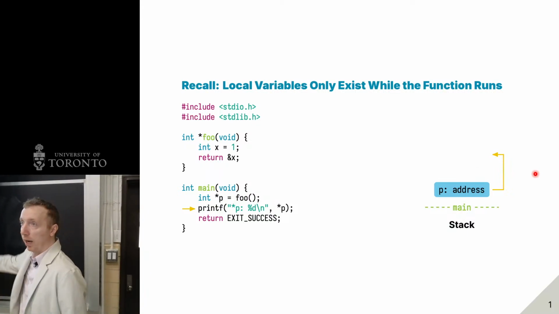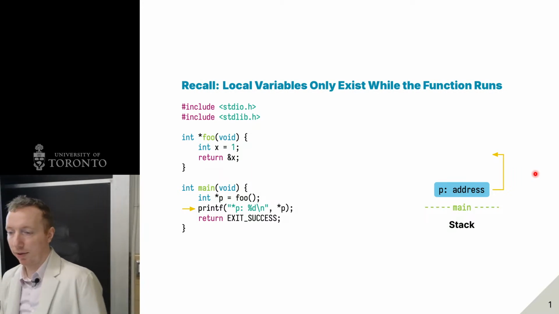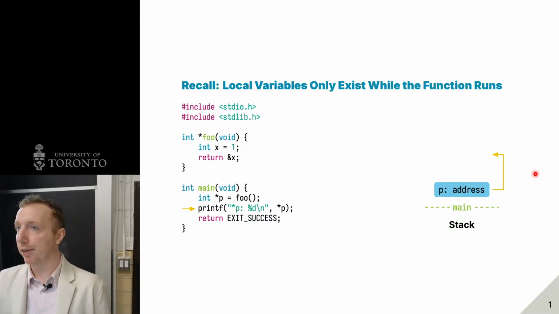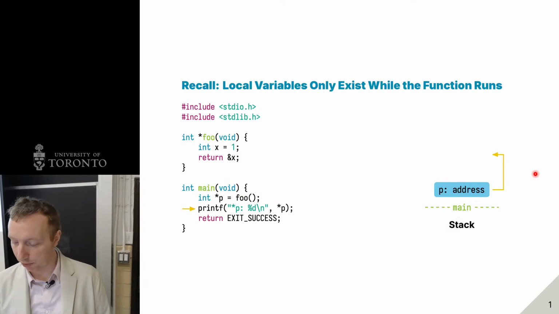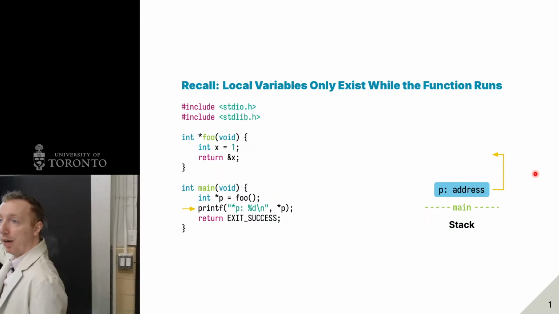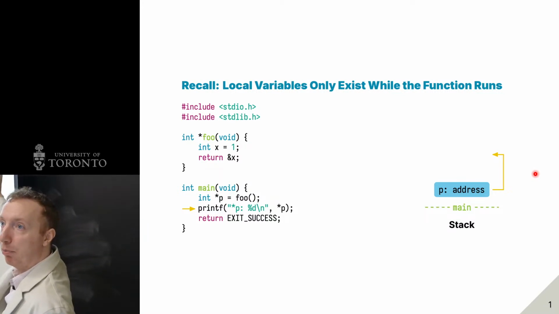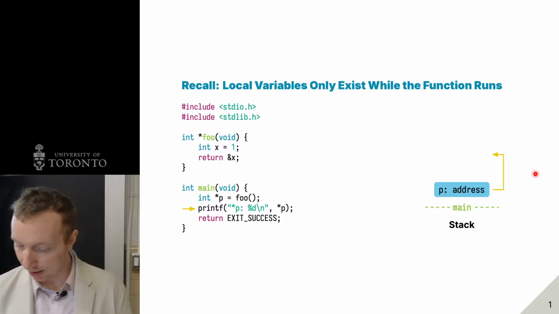So what we have is a pointer to some undefined space, which is why technically this is called undefined behavior. And when we ran this program, it did all sorts of weird things. So everyone remember that? Anyone have questions about that? This is a bad idea. All right, so we're good with that.